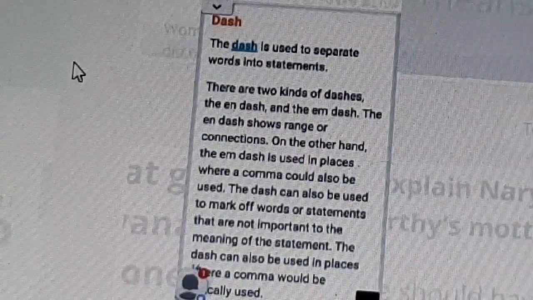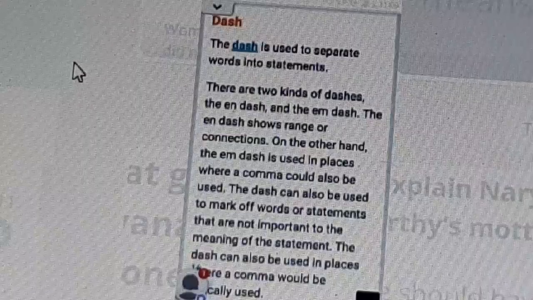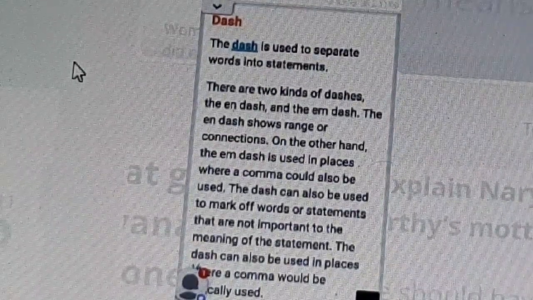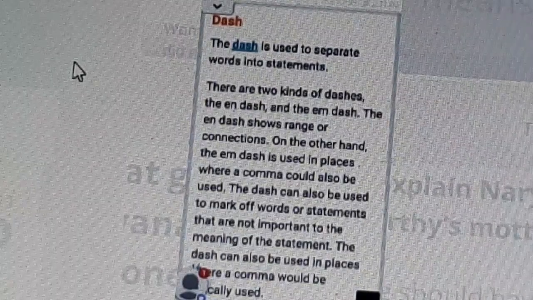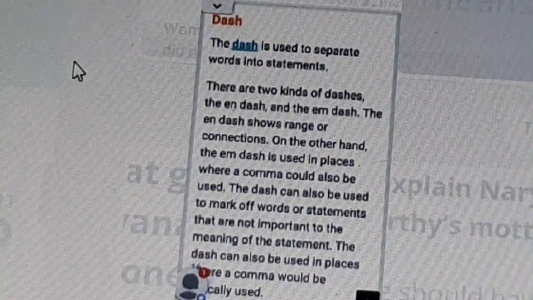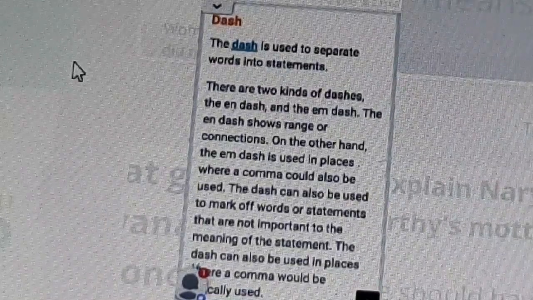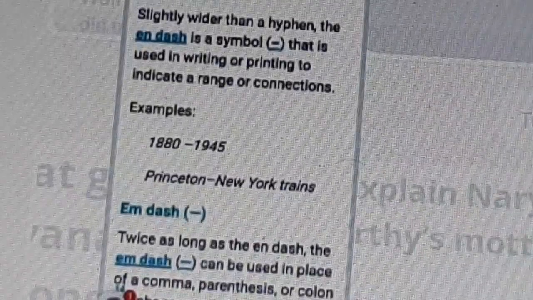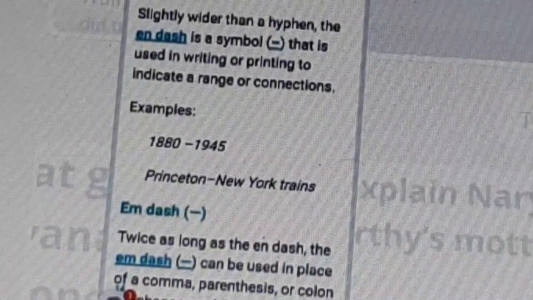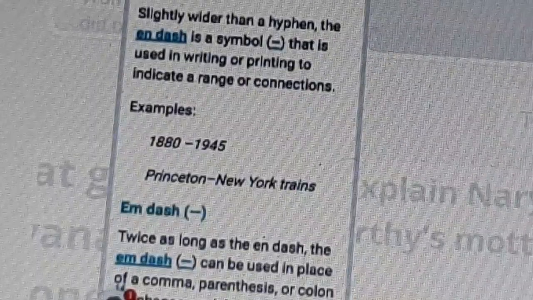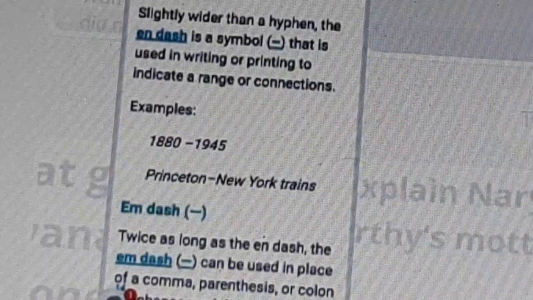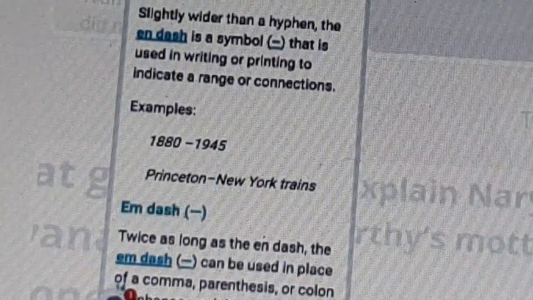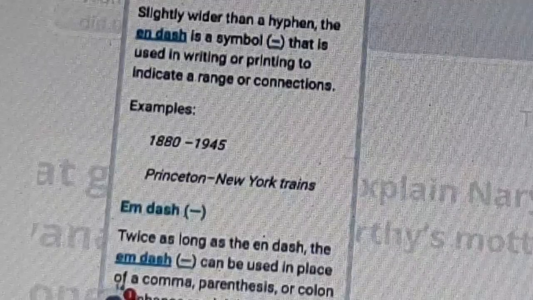Okay. Dash. The dash is used to separate words into statements. There are two kinds of dashes, the n dash and the m dash. The n dash shows range or connections. On the other hand, the m dash is used in places where a comma could also be used. N dash, slightly wider than a hyphen. The n dash is a symbol that is used in writing or printing to indicate a range or connections.